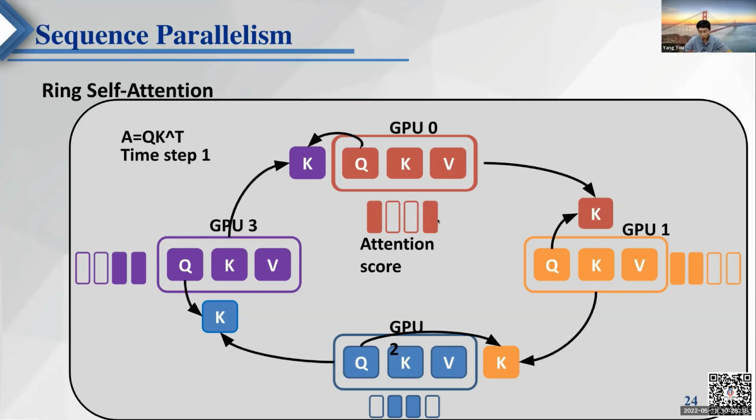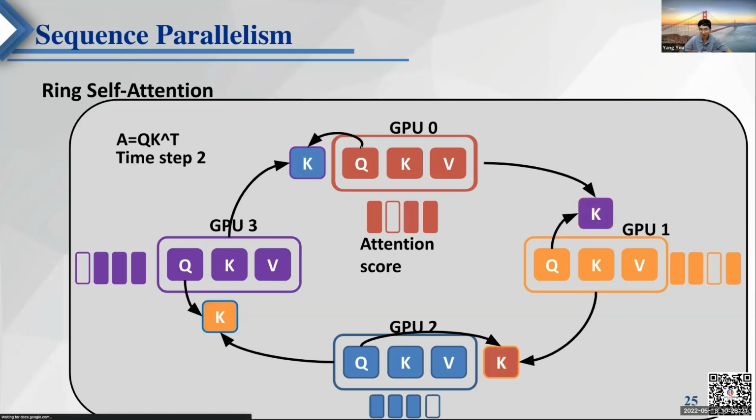We do the same thing in all steps: get a new key from our left-hand side neighbor and send our old key to our right-hand side neighbor. By doing so, we can compute all the attention scores.